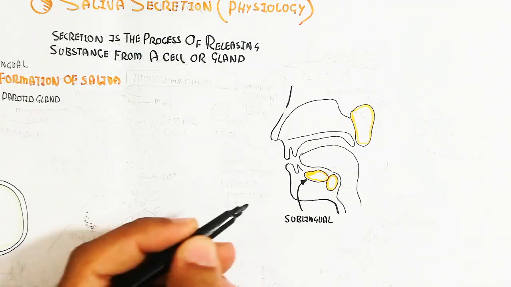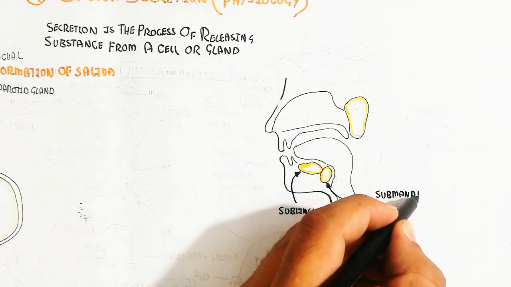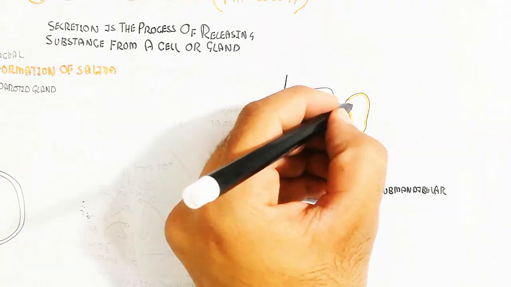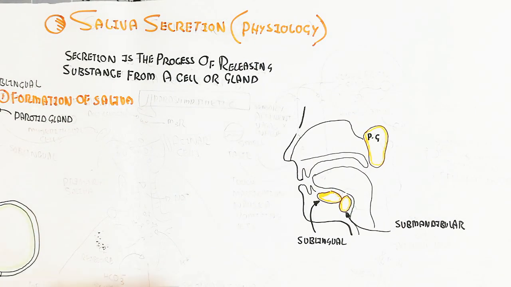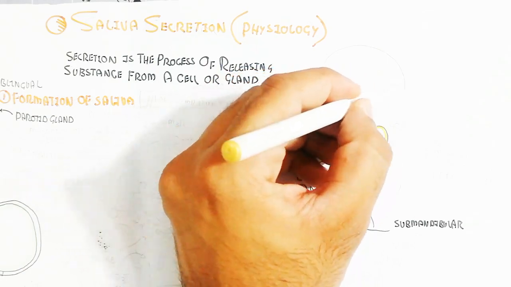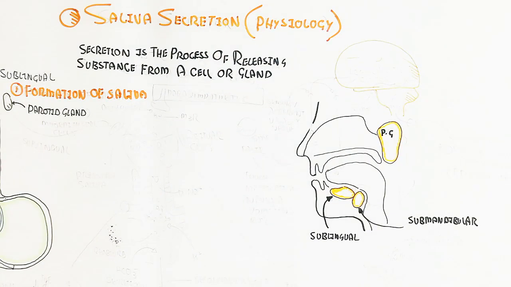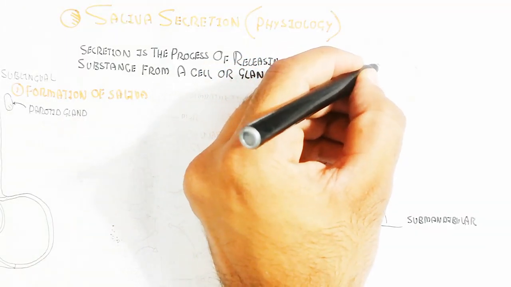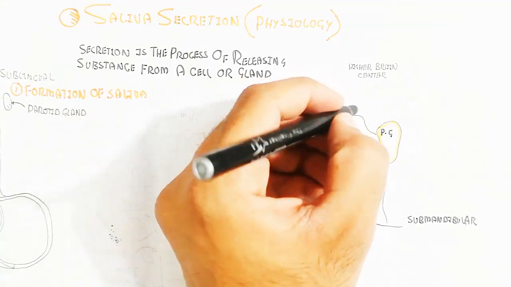This is the structure. Let's understand how the nerves innervate to create saliva. This is the sublingual gland and the submandibular gland, and the parotid gland is also present here, and this is the higher brain center.